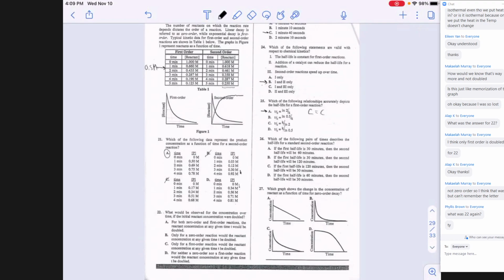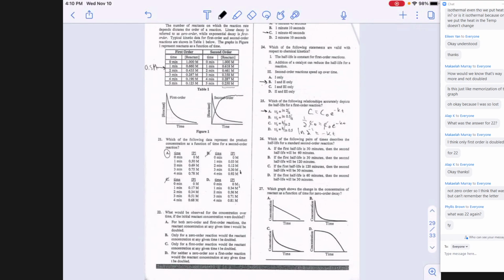It's C is equal to C naught e to the negative kt. So C becomes 1/2 of C naught is equal to C naught e to the negative kt. Get rid of the C naught. We're going to get ln of 2 is equal to negative kt, because 2 to the negative 1 is equal to e to the negative kt.